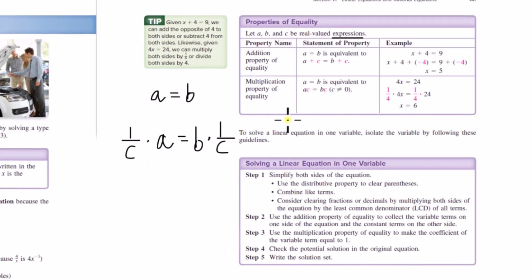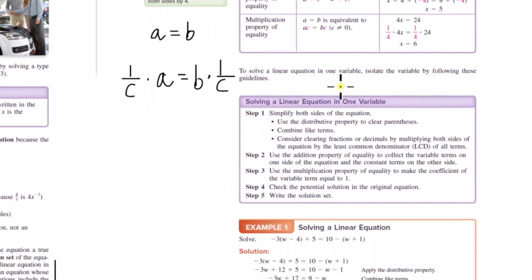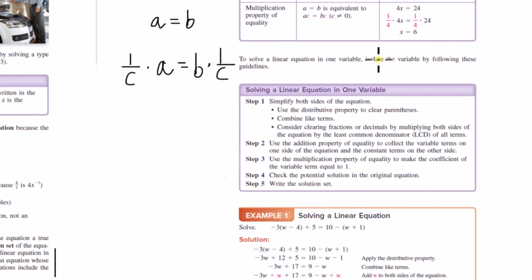But now, how can we use what we just learned here to solve a linear equation in one variable? Well, what we're going to do is isolate the variable by following these guidelines. Step 1, you simplify both sides of the equation. So you use the distributive property to clear parentheses and combine like terms.